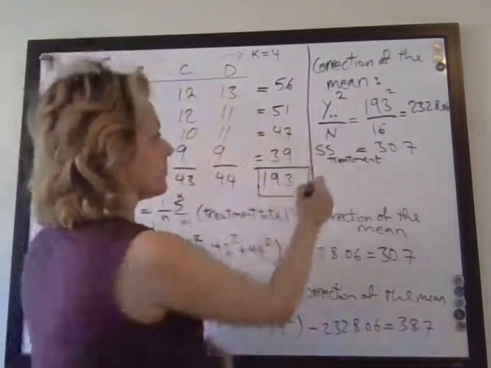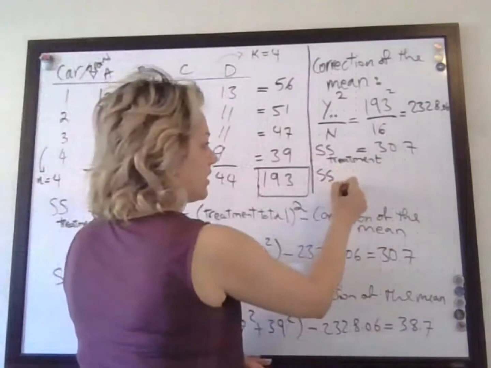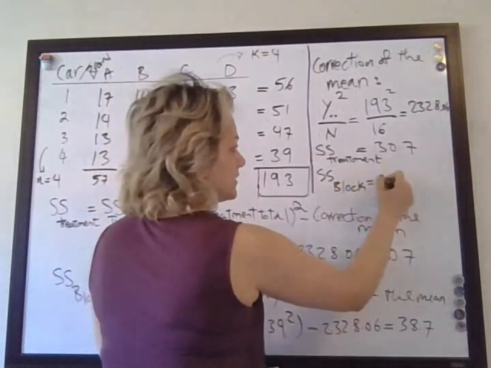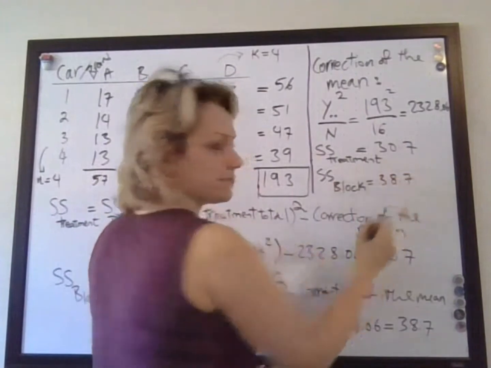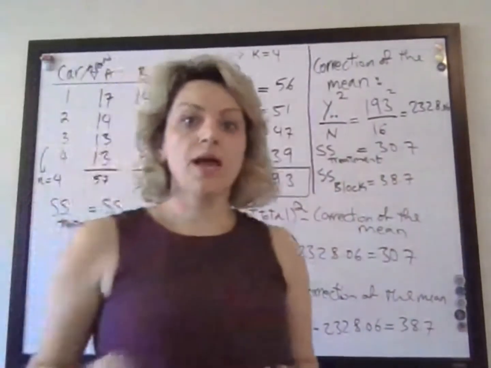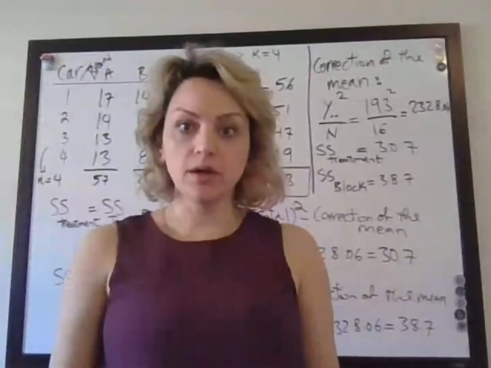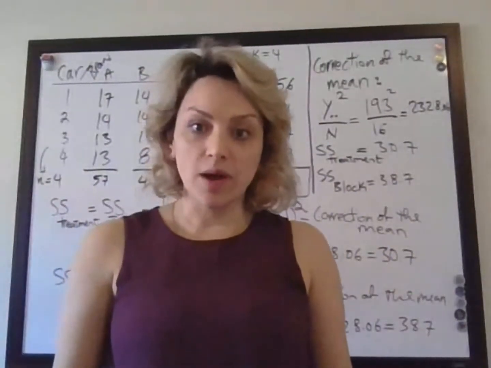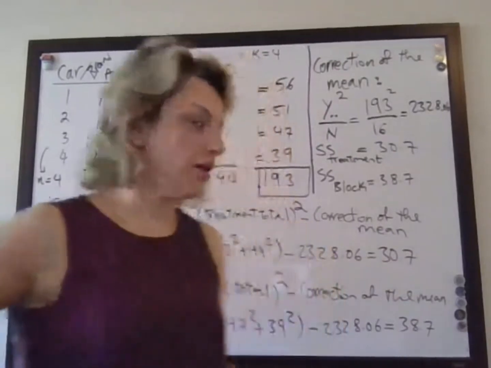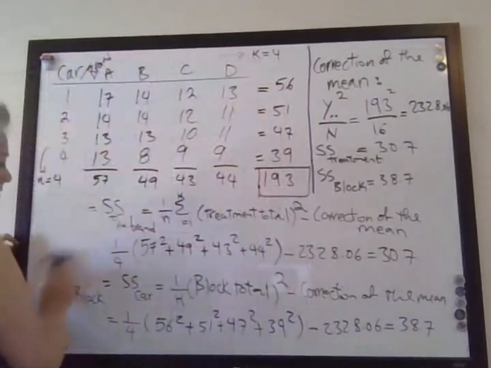So here I'm going to write it down, SS of the block is equal to 38.7. So far, I have the treatment sum of squares and the block sum of squares, right? The next one is the SS of total that we need to find. We need to erase this.